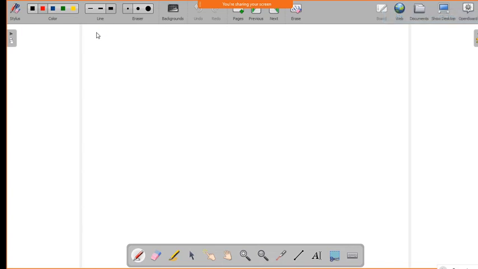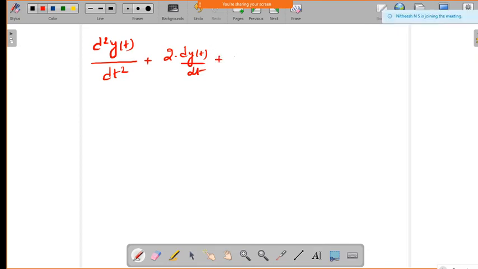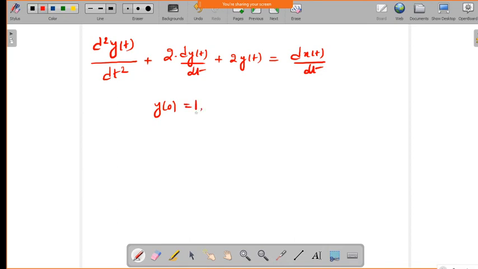So find the natural response of the differential equation, which is given by d square y of t divided by dt square plus 2 into dy by dt, plus 2 into y of t, which is equal to dx of t by dt, and your initial conditions are y of 0 which is equal to 1 and dy of t by dt at t equal to 0 will be 0.